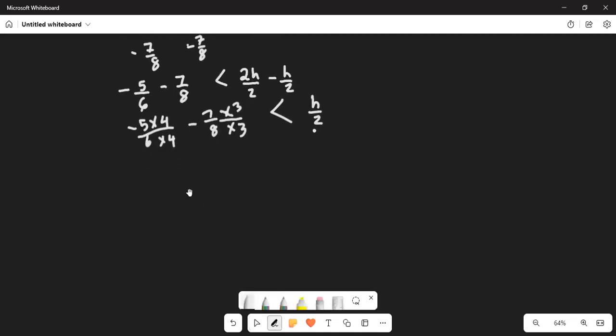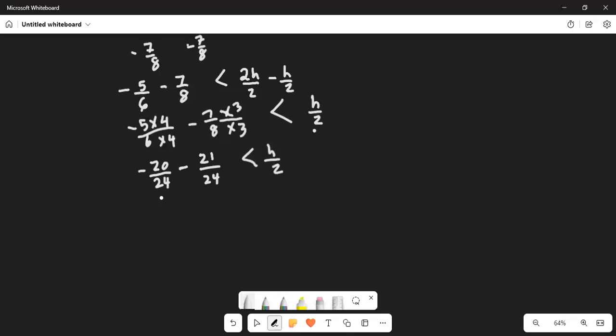So what do I have on the left-hand side? I have minus 5 times 4 is 20, divided by 6 times 4 is 24, minus 7 times 3 is 21, divided by 8 times 3 is 24, less than h over 2.